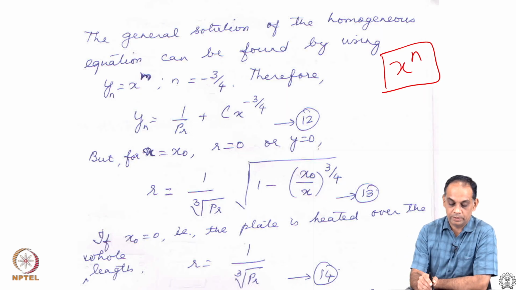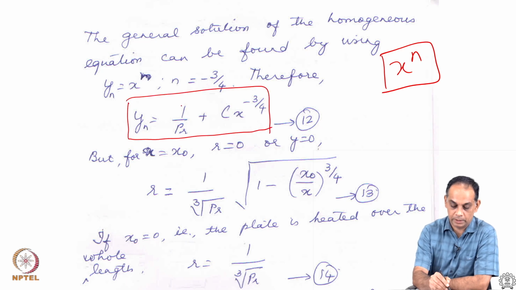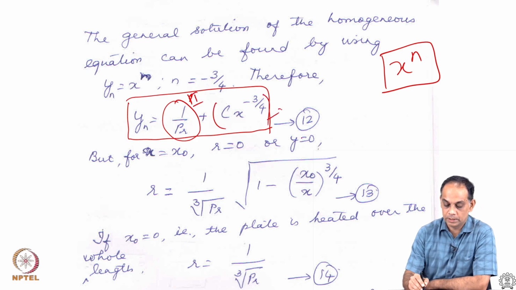So, if we substitute, we get the particular solution, or the particular integral, here, and this is the homogeneous equation part. This is our equation number 12, but we know for x equal to x naught, r equal to 0 or y equal to 0, we get r is equal to 1 by cubic root of Pr.